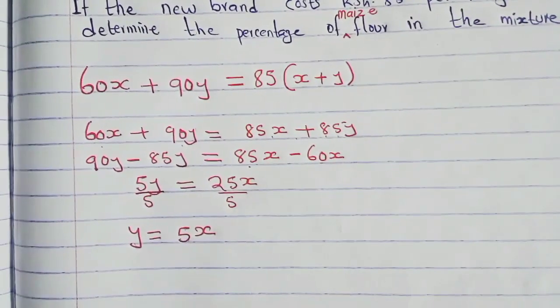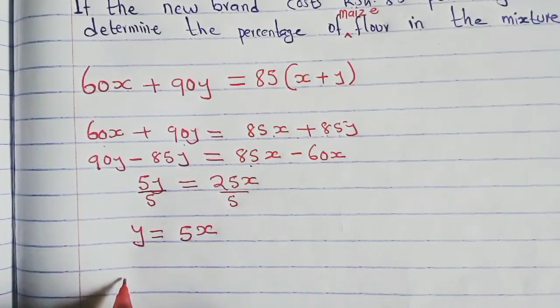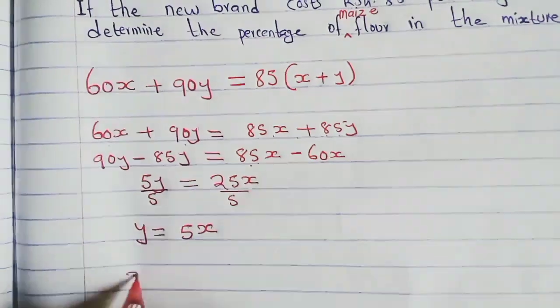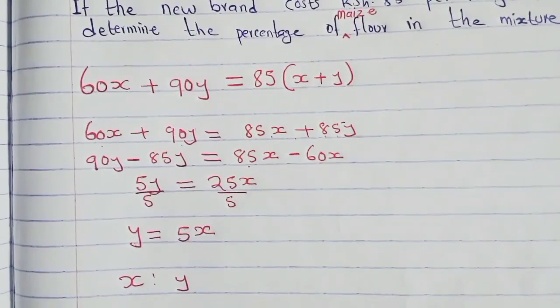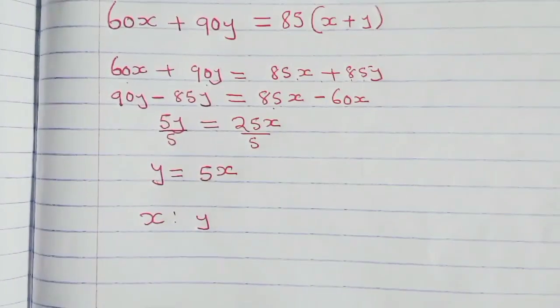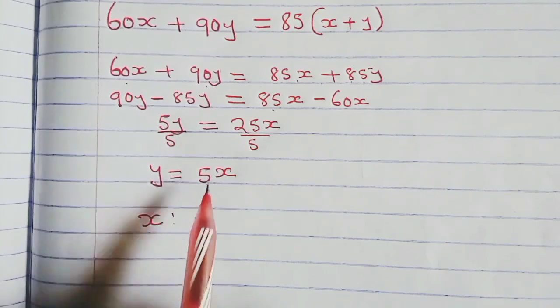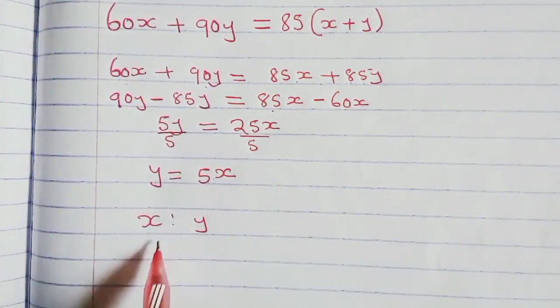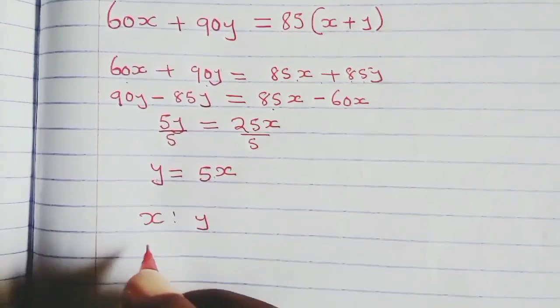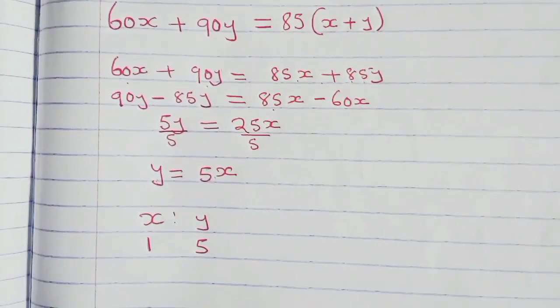So we have to form a ratio here. It means x to y. Because x has 5 and y has 1 here, the ratio will interchange. So x will be 1 and y will be 5.